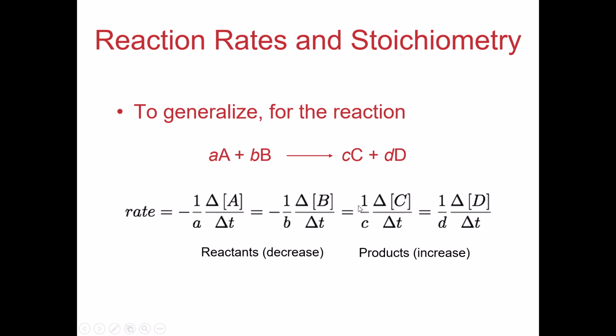Notice there's no negative here for C or D because they are products. But we can set the relationship equal to any two things in the reactants or products. So for the whole reaction, I can compare A and B, I can compare C and D, or I can compare either reactant to either product. So I can compare A to D if I wish.